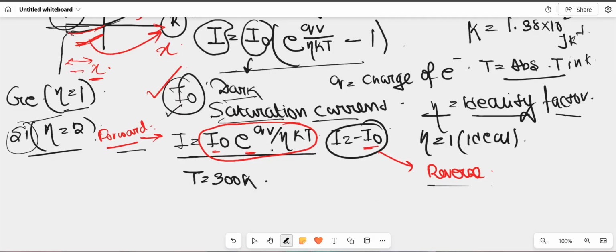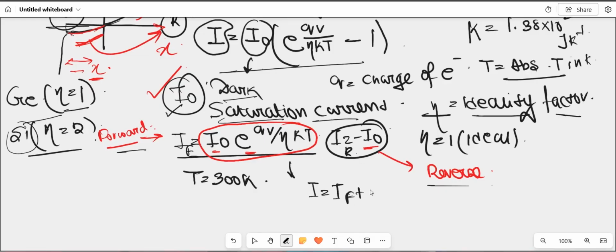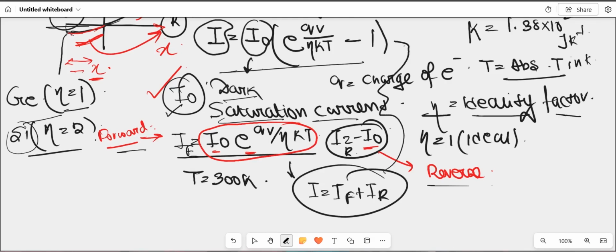If we add these two, we will get the entire diode equation. So if we say this is IF, the forward bias current equation, and this is IR, the reverse bias current equation, then the total current will be IF plus IR, which will be equal to this.